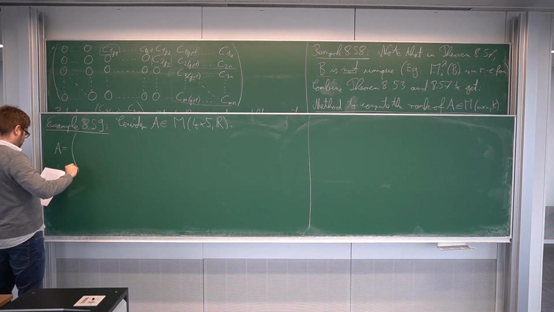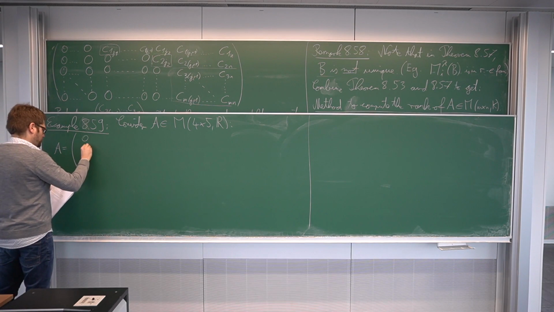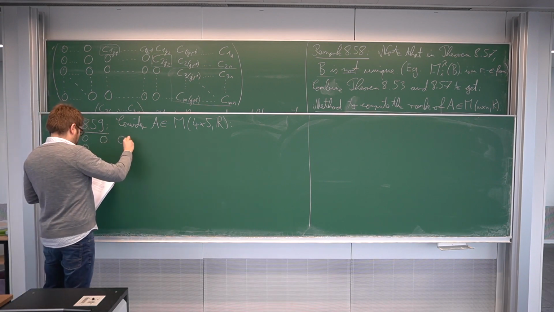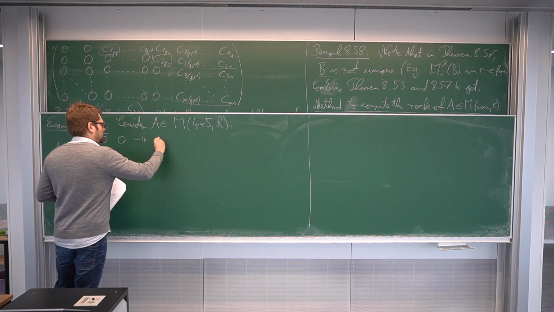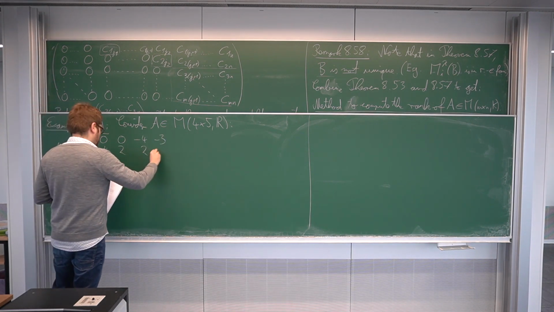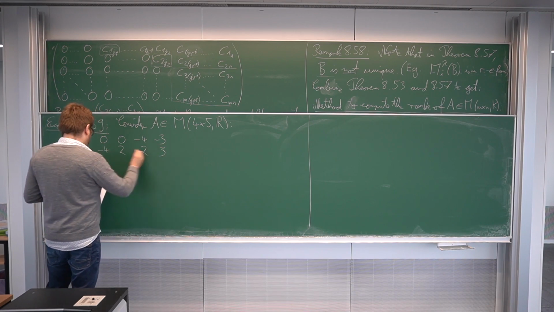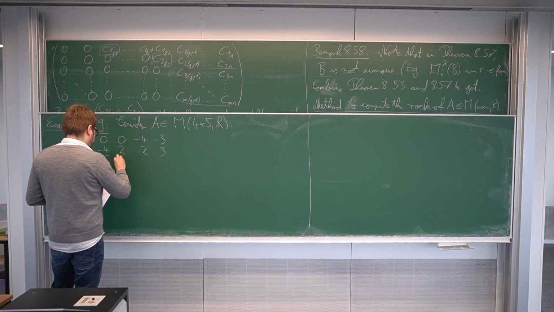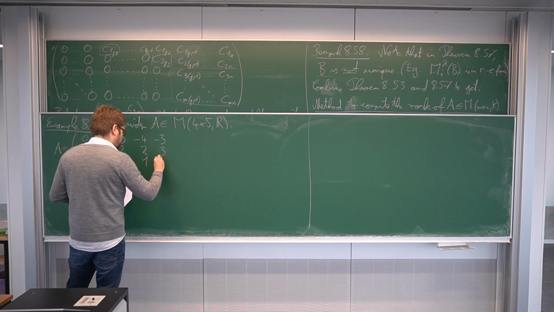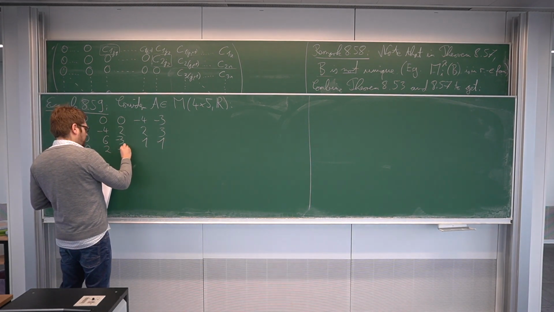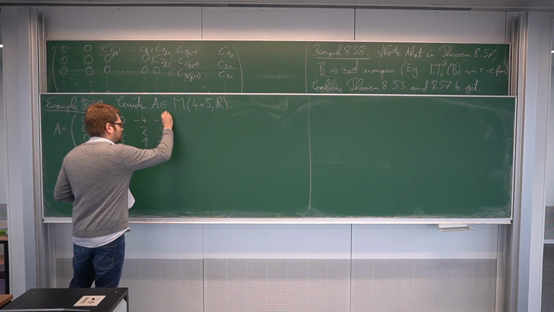A is given as 0, 0, 0, 0, 0, 0, minus 4, minus 3, minus 4, 2, 2, 3, 6, 3, 6, minus 3, 1, 1, and finally 0, 2, minus 1, 1, 0.